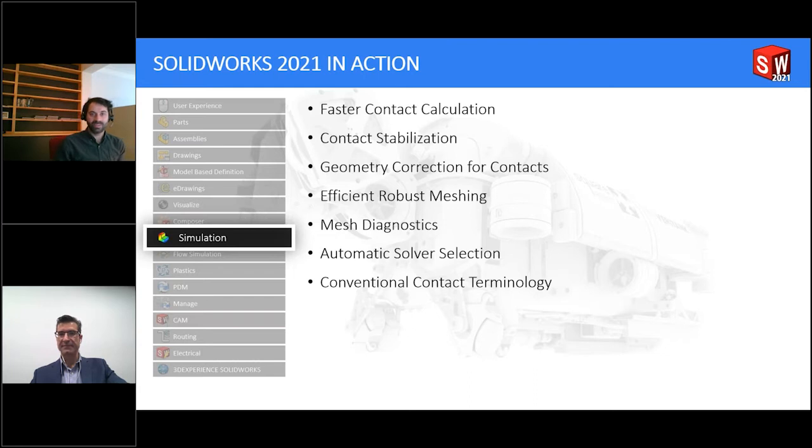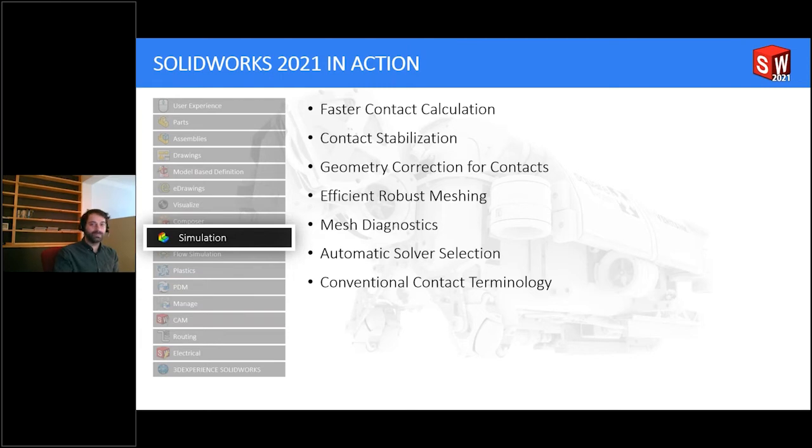There have been a couple of really great improvements. Starting with the classic SOLIDWORKS Simulation, the structural analysis software, the first up is they've improved its performance overall with faster contact calculation, faster meshing, and they made it so that the automatic solver selection will do a better job of choosing the right solver.